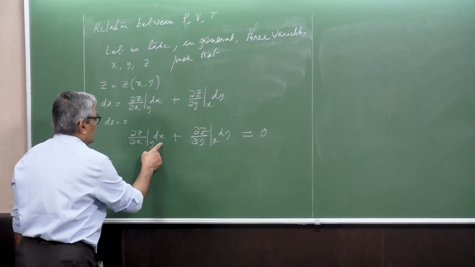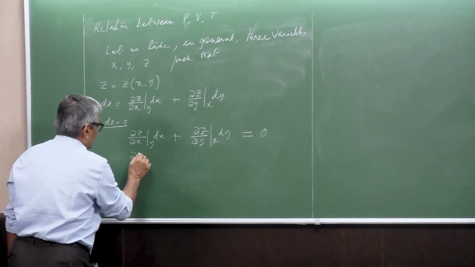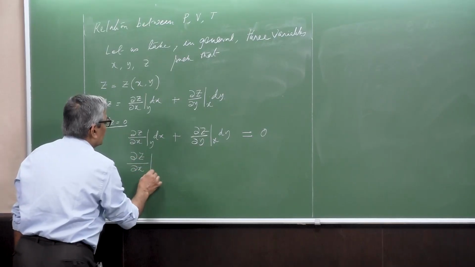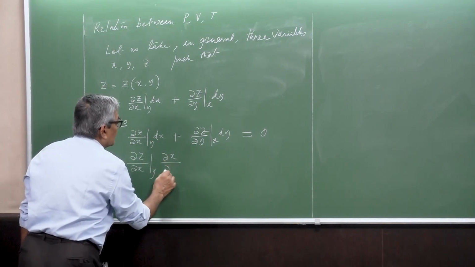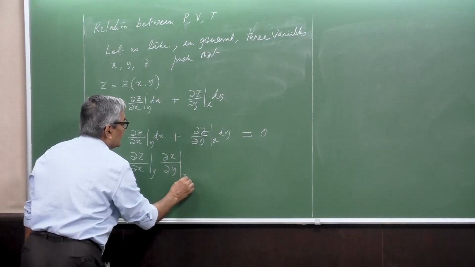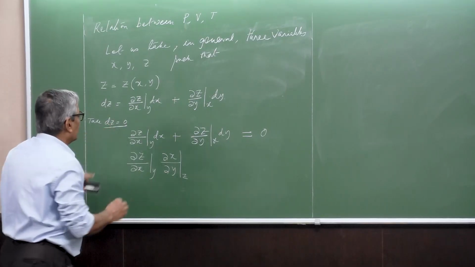And that means z is a constant, so I write it in a slightly different form: del z del x at constant y, then del x del y under constant z, because dz equal to 0 implies z is a constant.